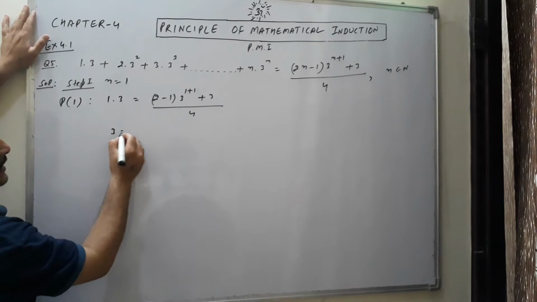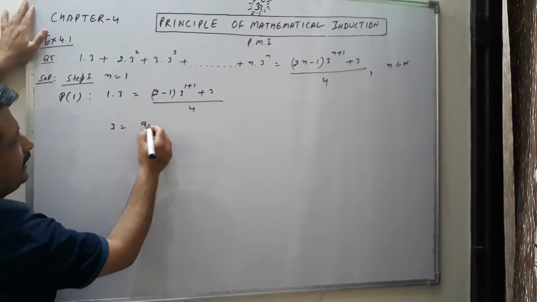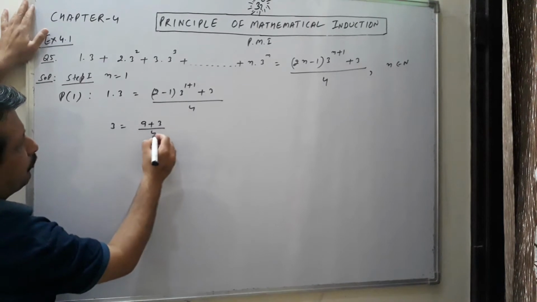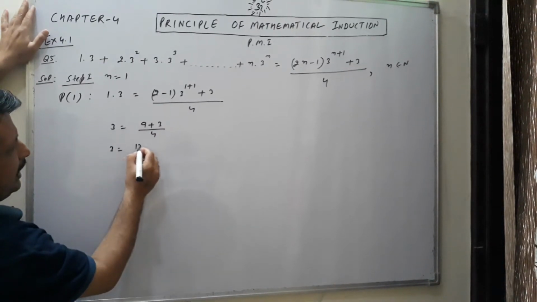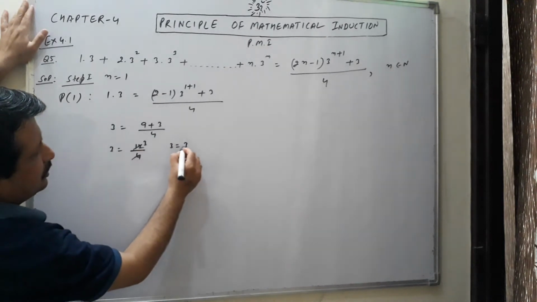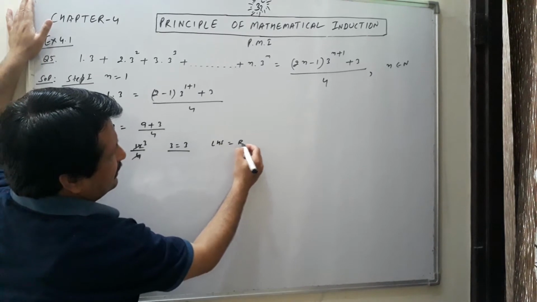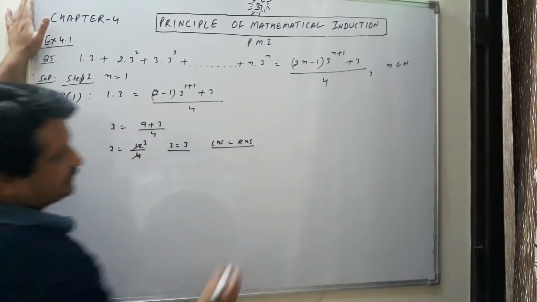So it will come as 3, that is equal to 3 its power is 2, that is 9, 9 plus 3 by 4. 3, that is 12 by 4. 4 3s are 12, 3 is equal to 3. Means left hand side is equal to right hand side then, students.